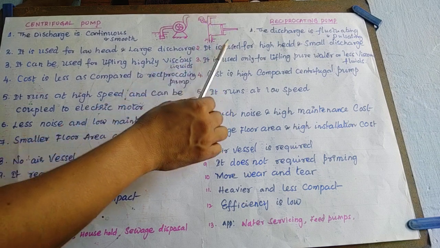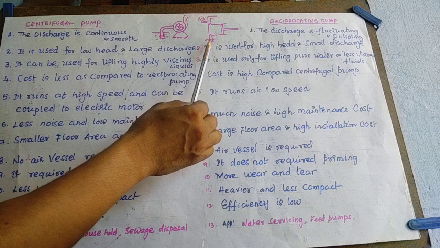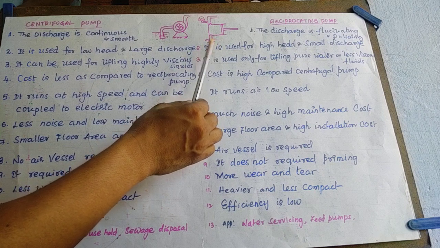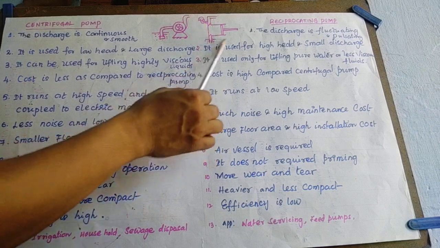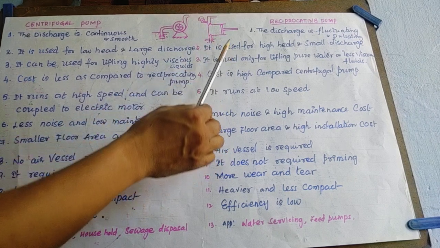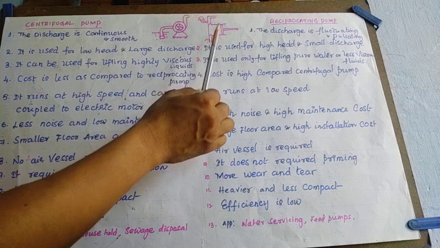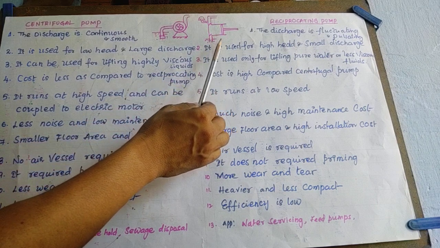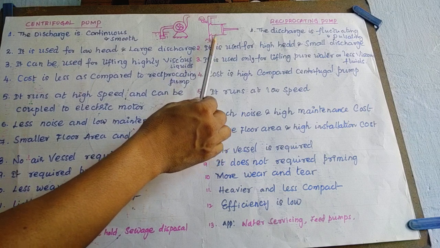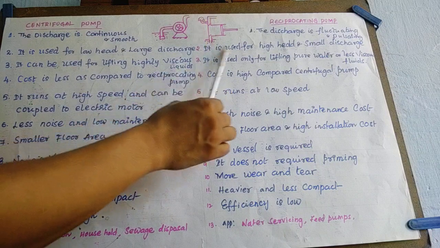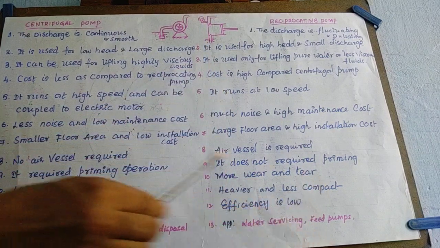Less compact means more number of parts are used at the same time. Due to that, it is heavier in weight, and it has to withstand high pressures. To make that possible, the cylinder must have very high thickness. That is why its weight is very high, so it is heavier in weight as well as less compact.